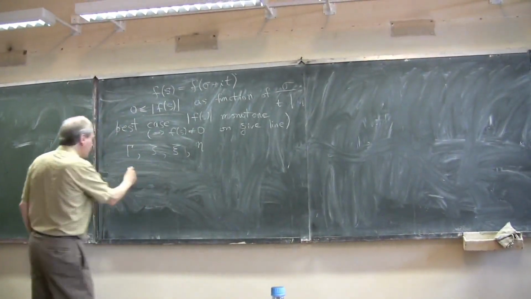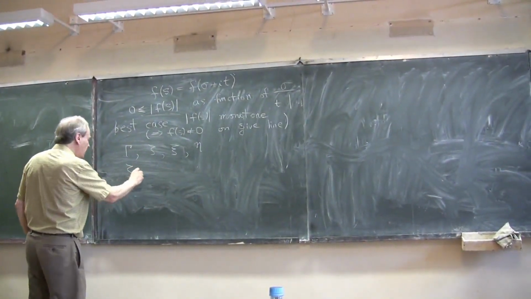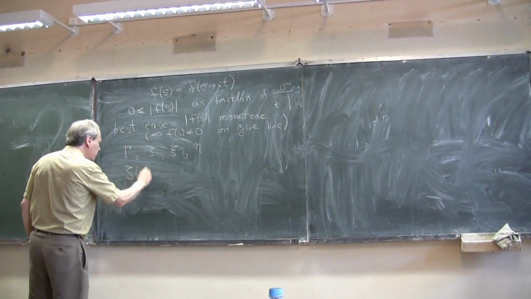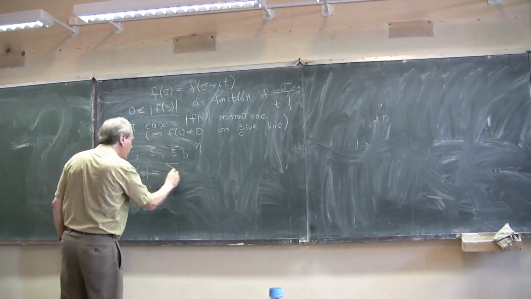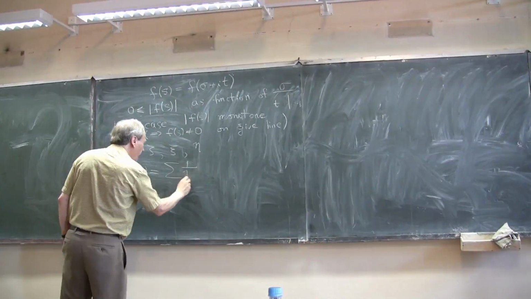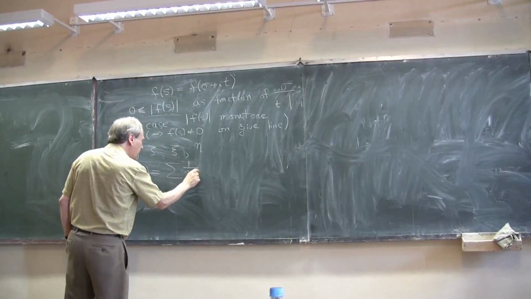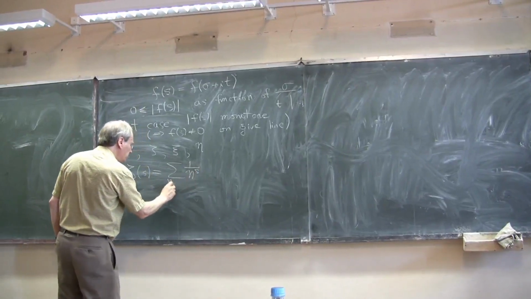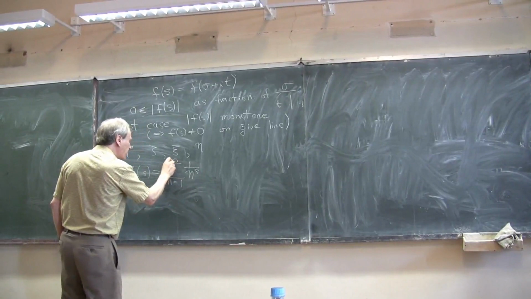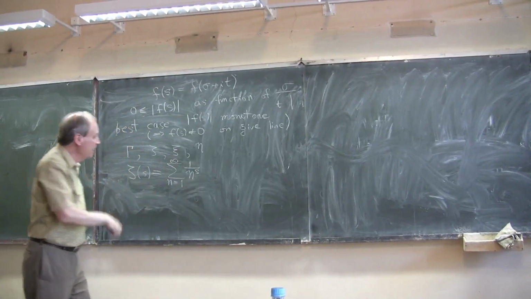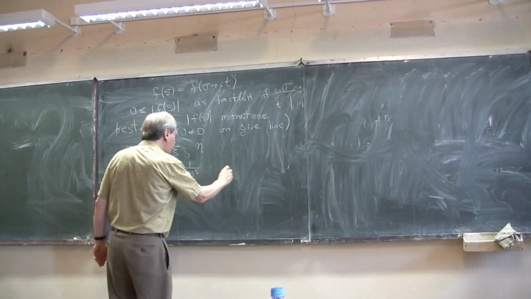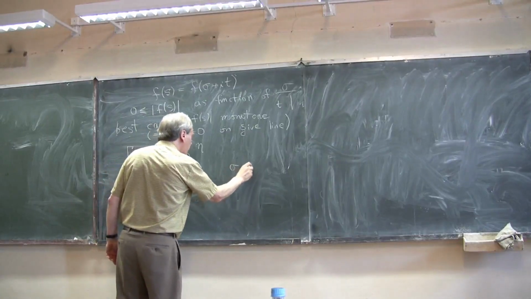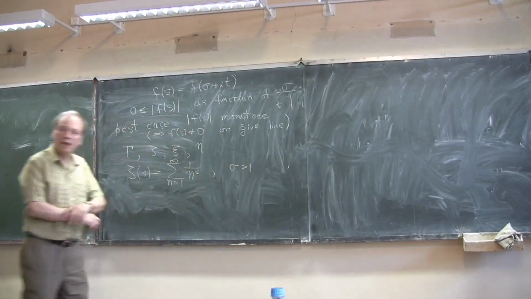One easy definition would be zeta of s is simply the summation of 1 over n to the s. This is the so-called Dirichlet series for it. It won't converge in general, but if sigma is greater than 1, it converges.